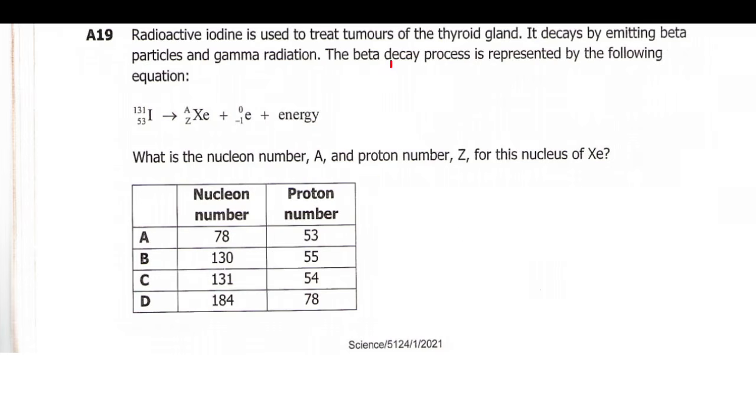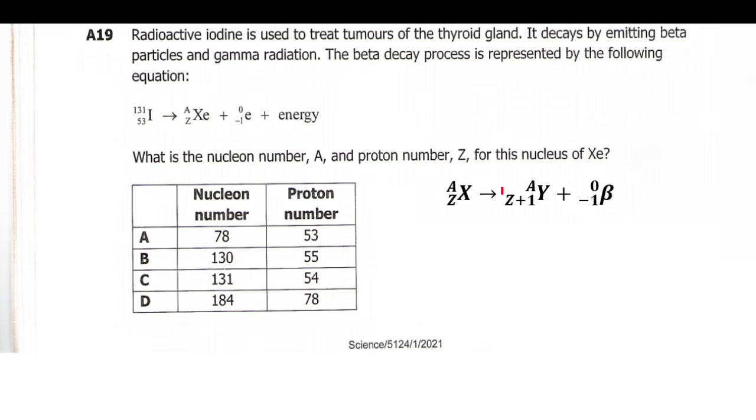equation for beta decay, which is this. The general equation for beta decay says if an atom is to undergo beta decay, it should produce another atom whose mass number is the same as the previous one.